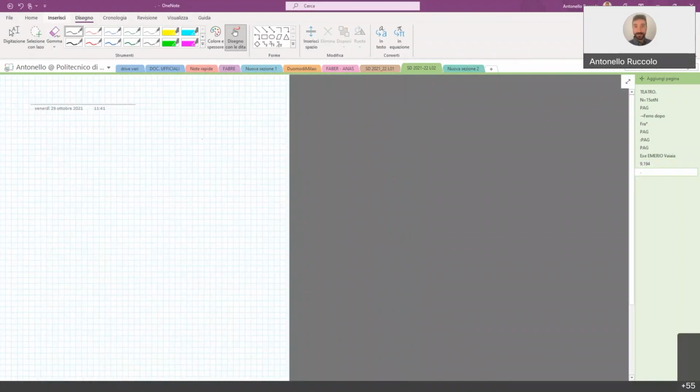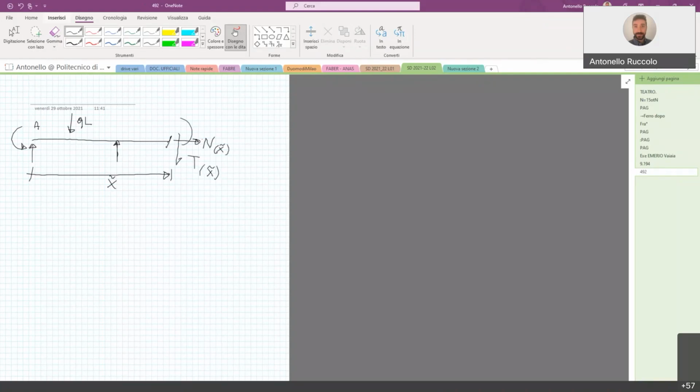Now, the last part, we have two possibilities, again. Either we start from A, so we have the reaction in A, the bending moment, 2L, the reaction in B, and then we can cut it, and have x tilde, and we can find n in x tilde, t in x tilde, m in x tilde.